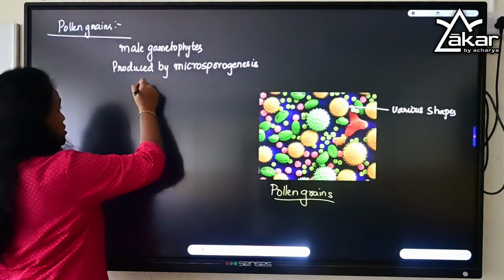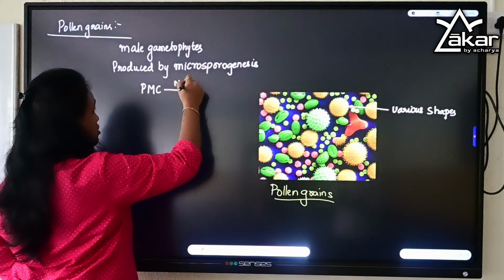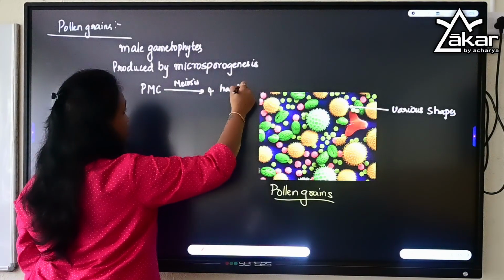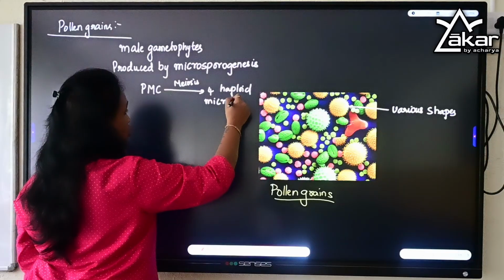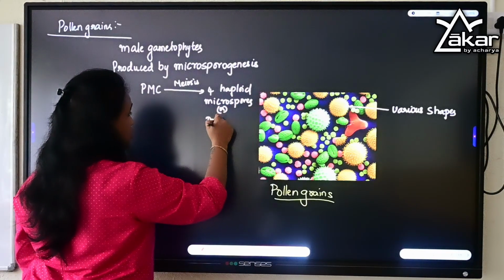So, PMC divides by meiosis to produce four haploid microspores, which are also called pollen grains.